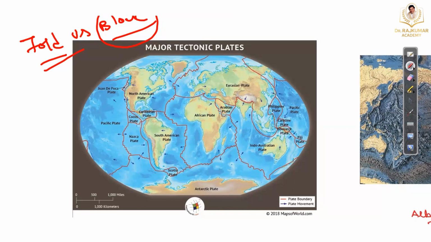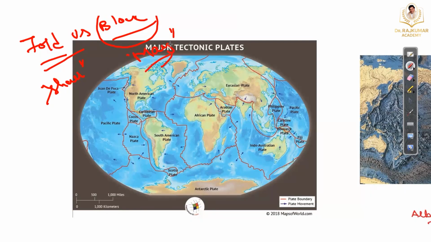Everywhere, heave alone takes place, rift valley. Heave takes place along with the downward throw, rift valley. Heave takes place along with downward throw and upward throw, only then I'll be having block mountain. That's the reason we said along a convergent boundary there shall be a fold mountain basin, correct? And along a divergent boundary there may be a block mountain. This is one reason why block mountains are not so common.